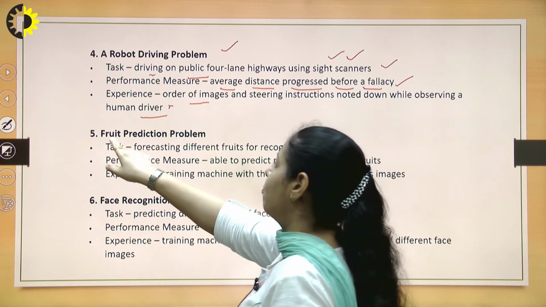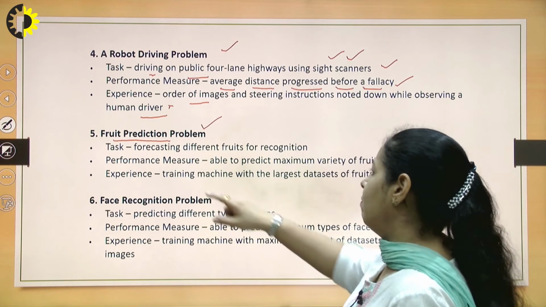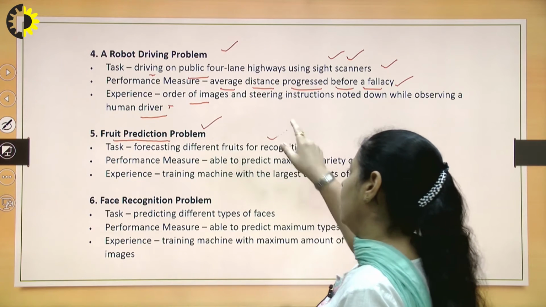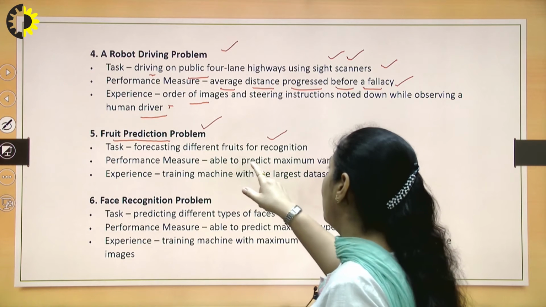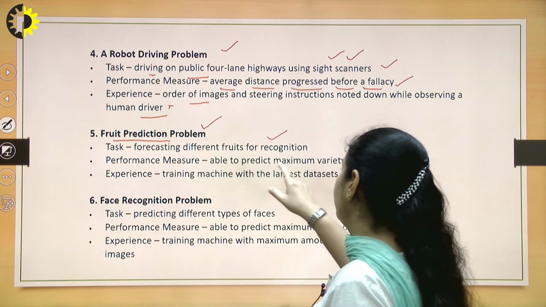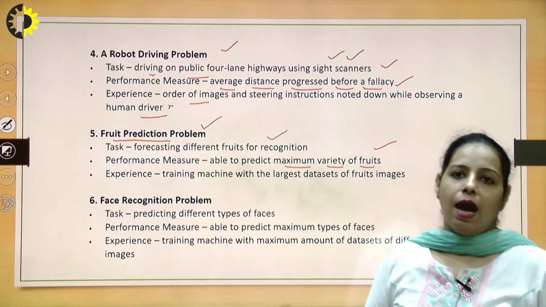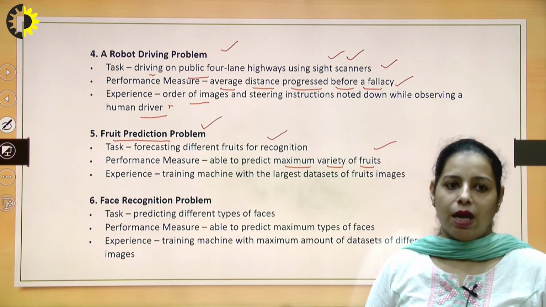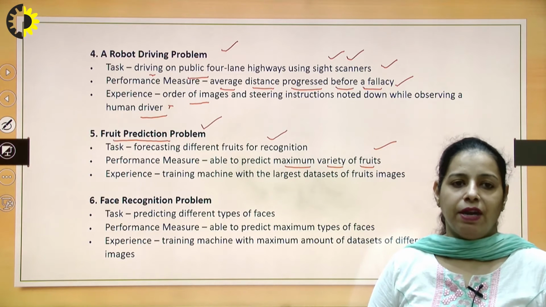Again, we have a fruit prediction problem. The task is that we want to forecast different fruits for recognition, and the performance measure says how many fruits you are able to predict, the maximum variety of fruits. Suppose we have a bunch of fruits and we have the task to classify or differentiate fruits, or to recognize different kinds of fruits.